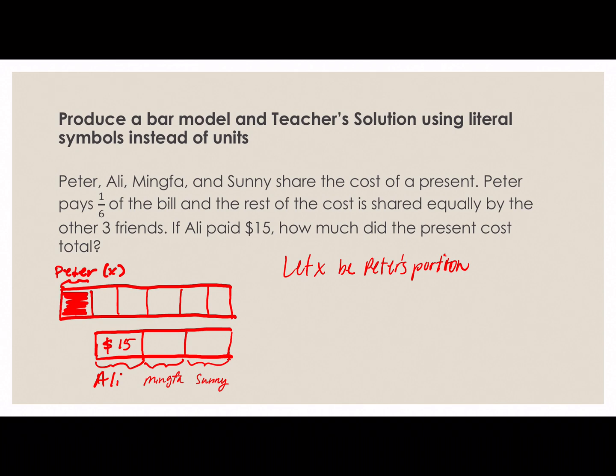So that's what's going to be our variable. It's kind of like our unit. One variable is like one unit. Okay, so we'll let X be Peter's portion. So we're going to set our variable to some part of our bar. That's the new thing for this learning outcome, is that we're going to use variables.